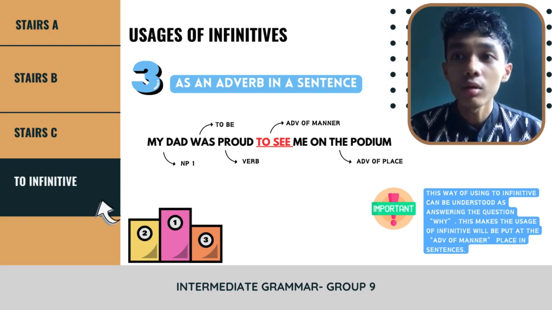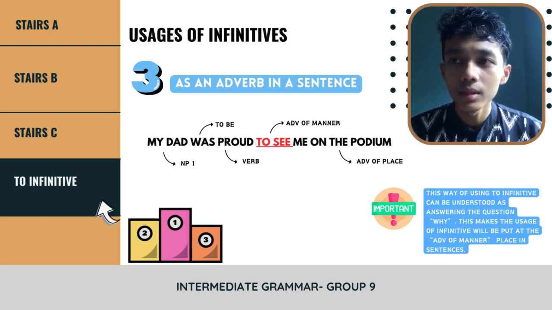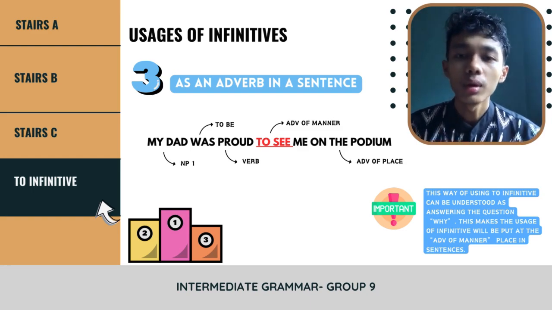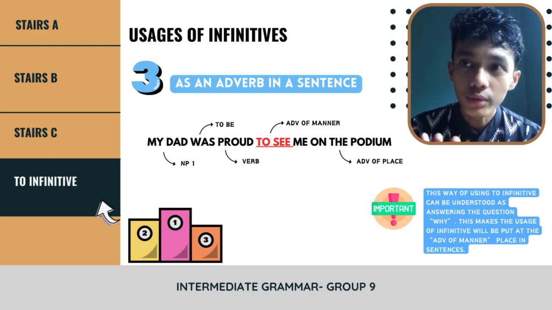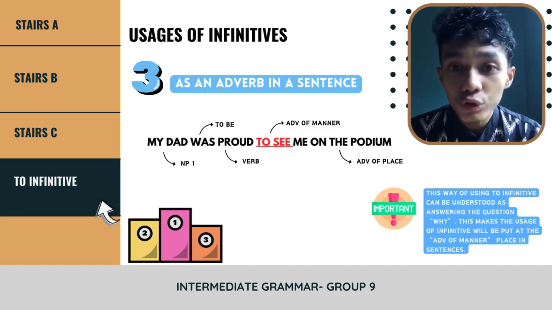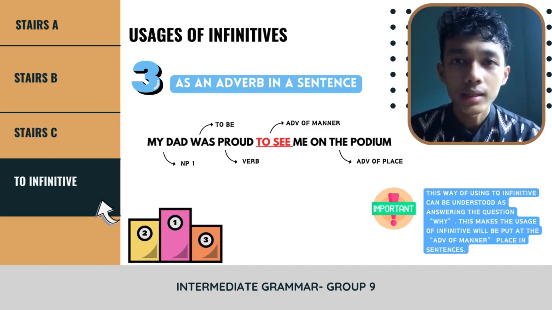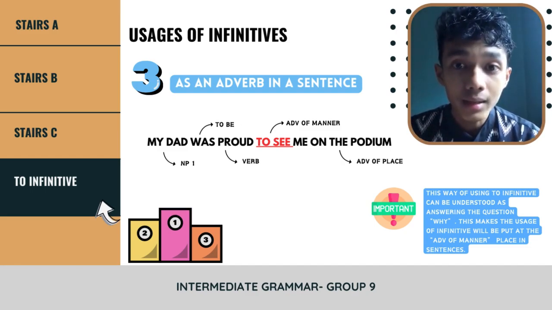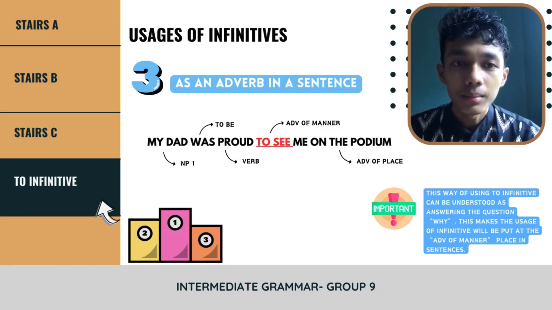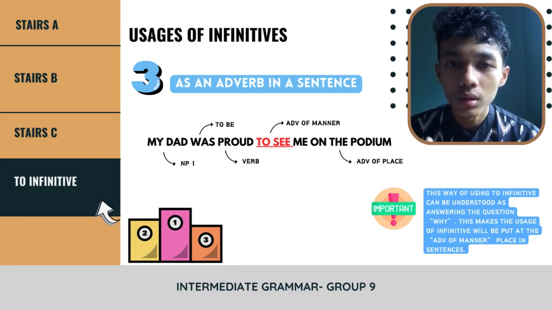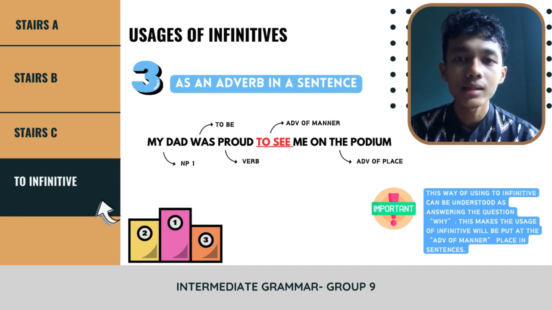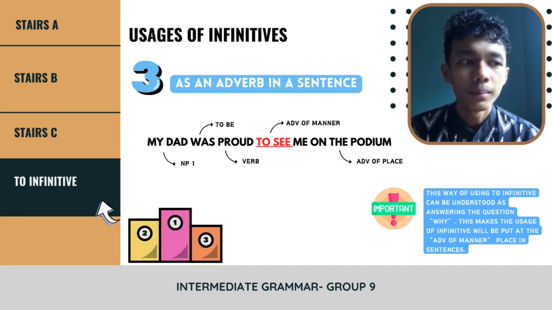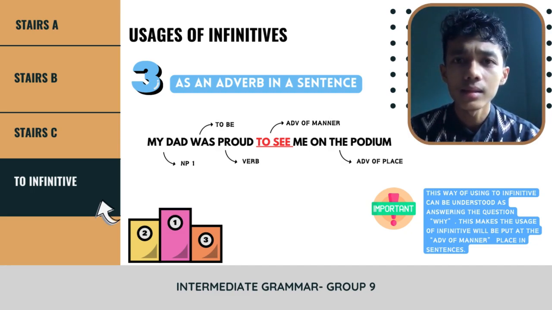And then the answer is, my dad was proud to see me on the podium. Because of this, the to infinitive as an adverb is usually put in the spot of the adverb of manner, because it answers the question why, which asks for the manner of how things are done.